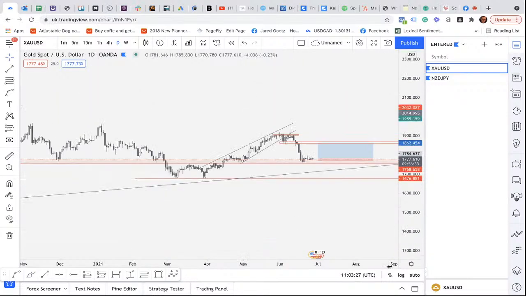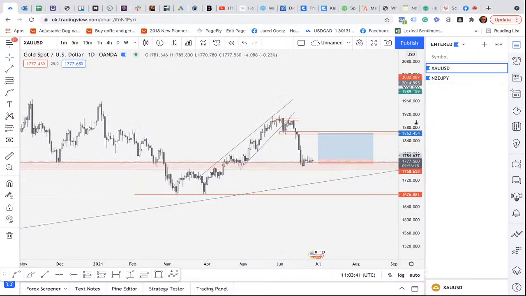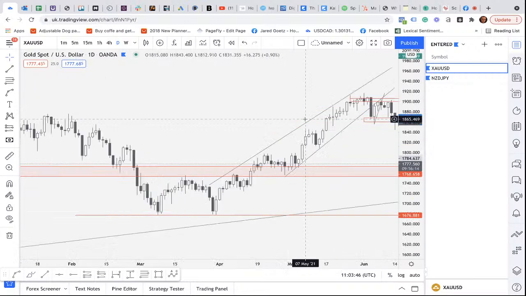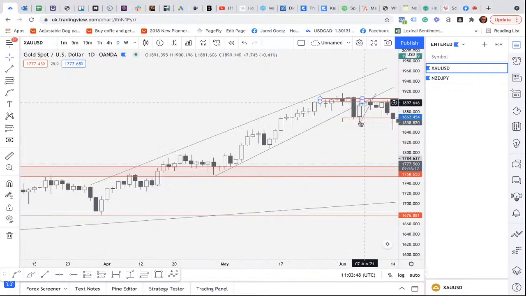We had this ascending channel, which was getting narrower and narrower as the days went on. Then we eventually did have that little stall period for a good few days, 3-4 days, and then we had that big bearish momentum candle that actually broke through the support of the bottom trend line of the channel.